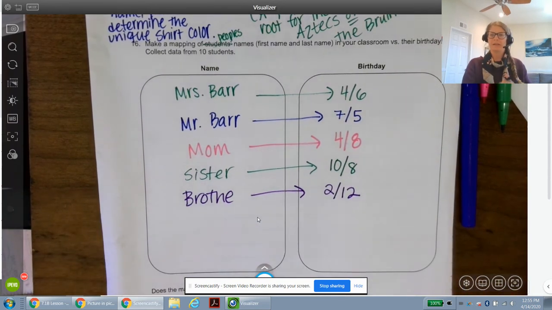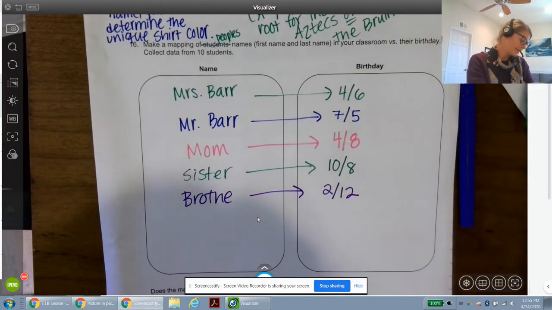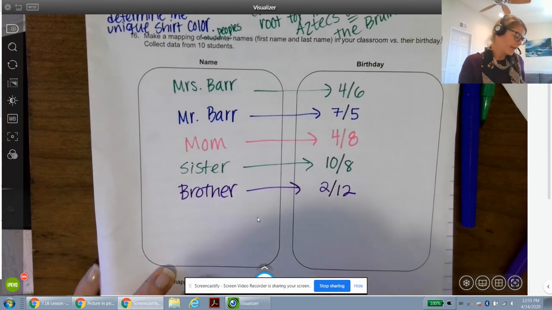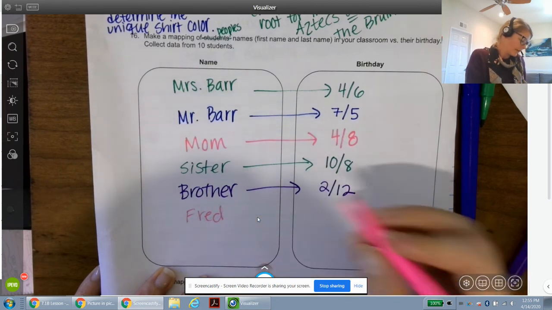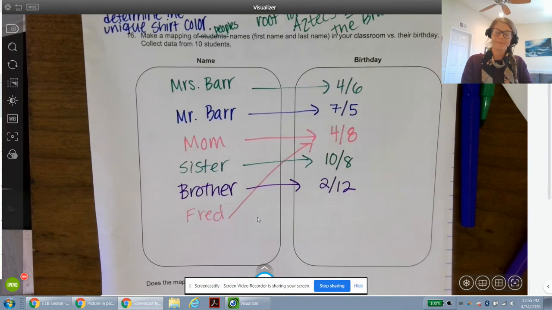Okay, so let's take a look at our mapping. Oh, and then I have, oops, I didn't spell brother correctly. I have my friend Fred, and his birthday is also 4-8, just like my mom.